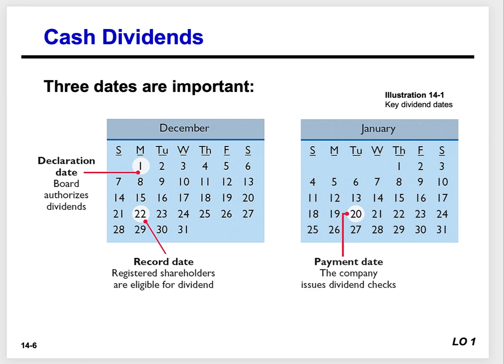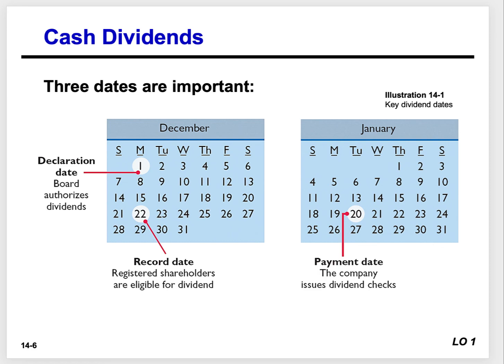So the payment date is when the company makes its cash dividend payment to the stockholders of record. That's easy. What's the journal entry on the payment date? Very important that you know this.